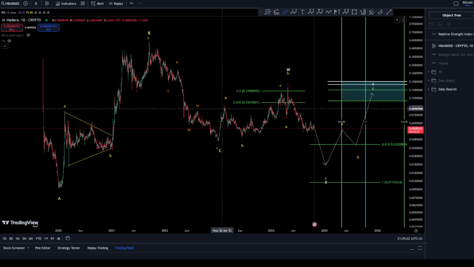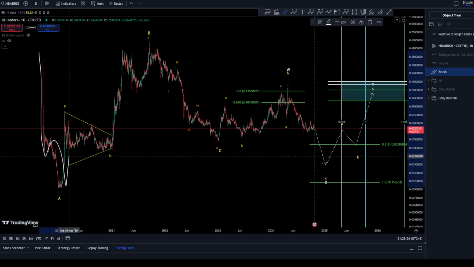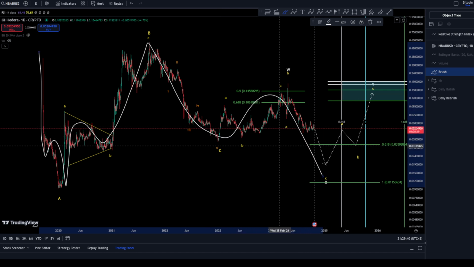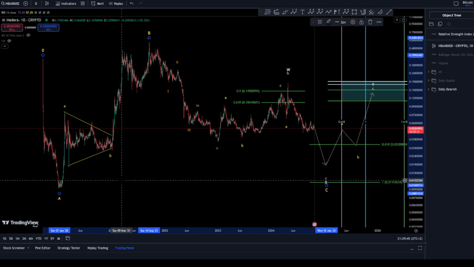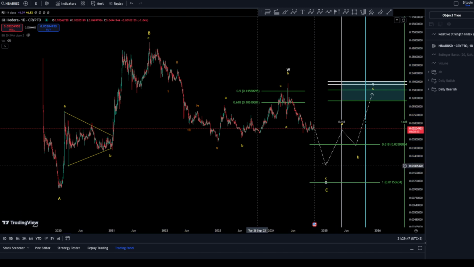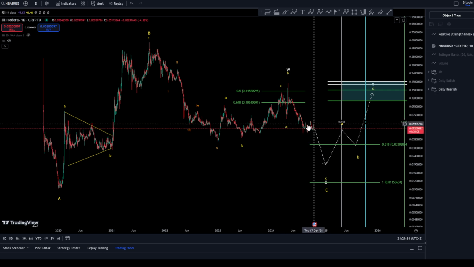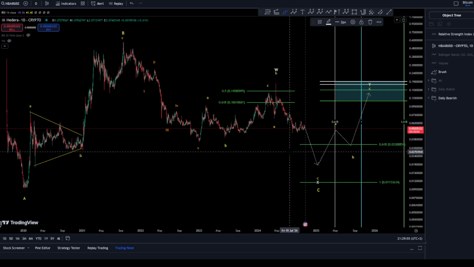Maybe it's not finished even yet. It can be even longer as 3 waves down, 3 waves up, and then 3 waves down, right? So it might be that your wave C might extend onto here even. And I'm saying this because of what we saw here in this price action. There is something wrong with it.